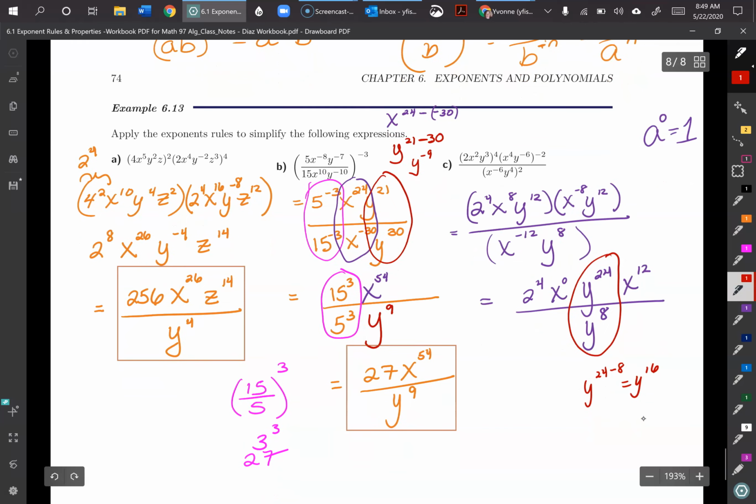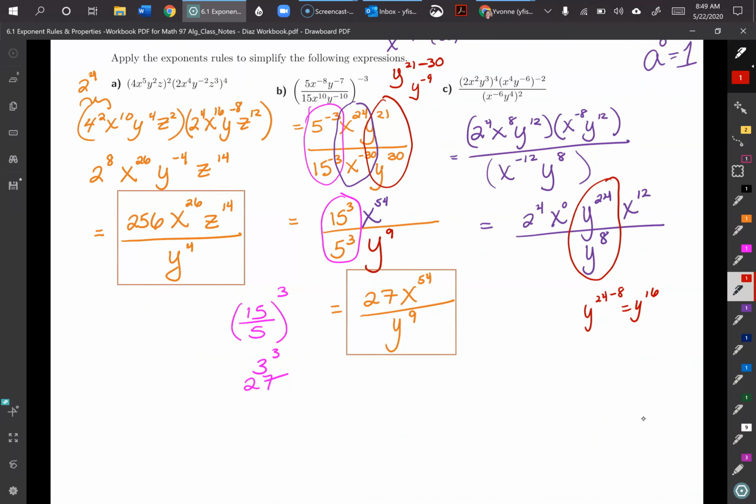Okay, so now I'm going to just push this up. Sometimes it helps to separate it out by columns like that and do your work. So we have 2 to the 4th, and I can just write that out as 16. Then I have my x to the 0 is 1.